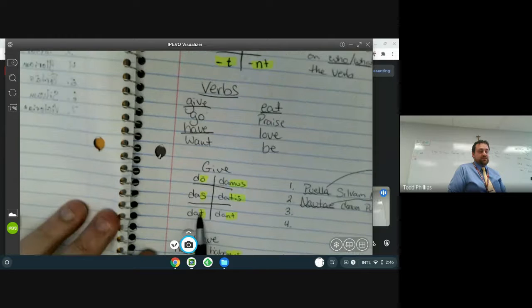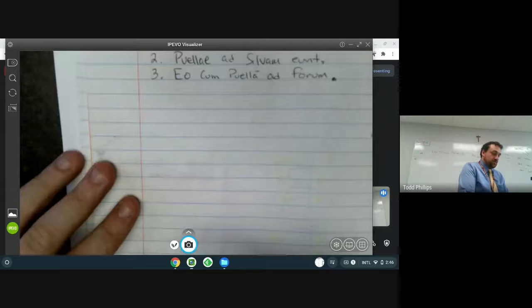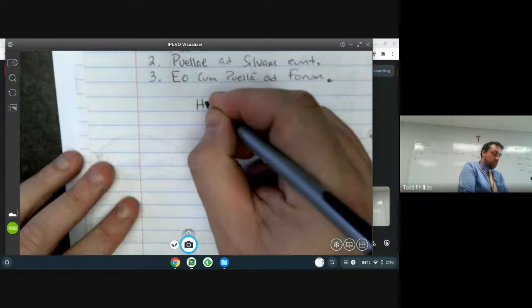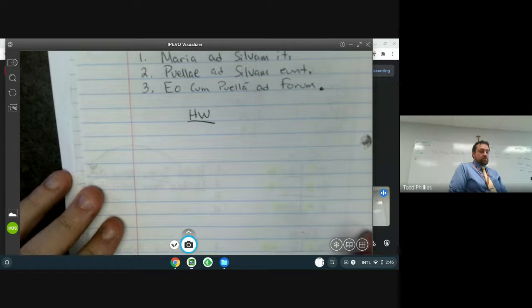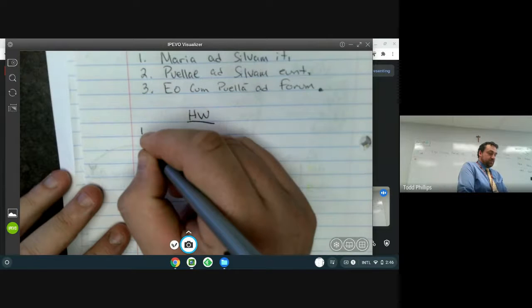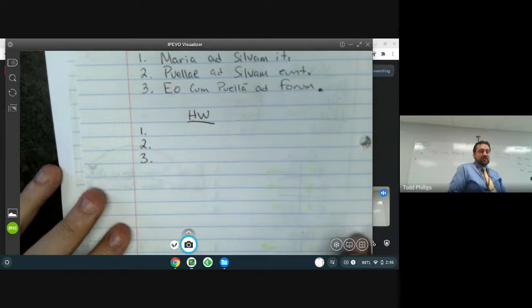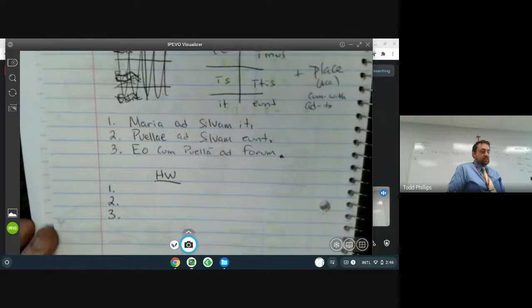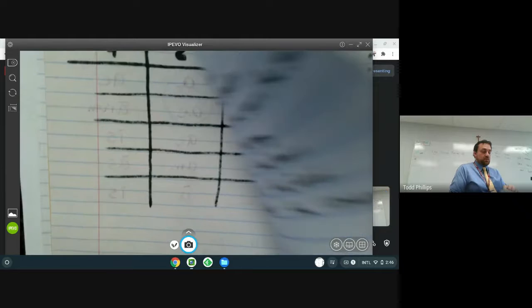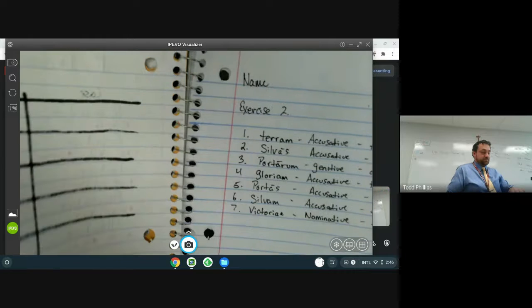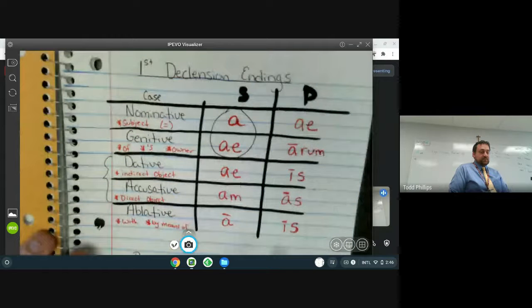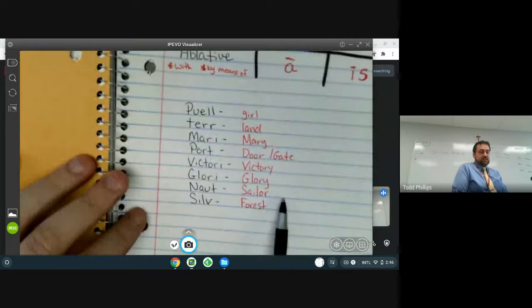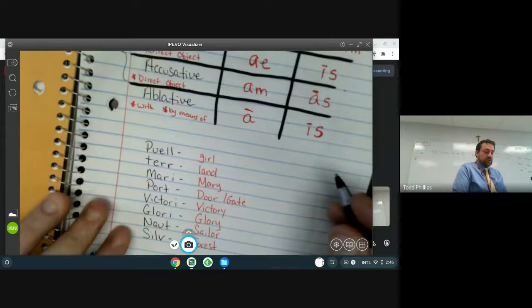Okay, so let's do our sentences down here. Also, with the word go, we might use the word ad. Because we're not just going to put the word for the place in the accusative form. We're also going to probably use this word ad sometimes, which means to.